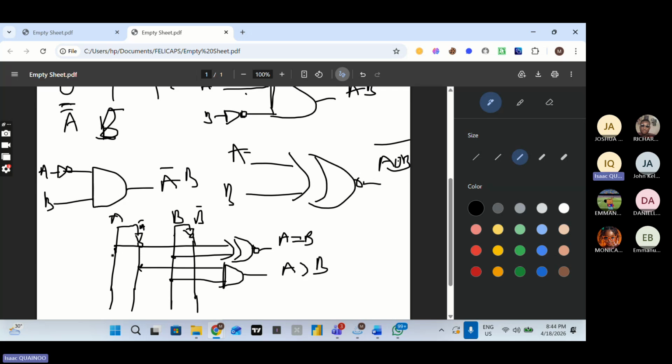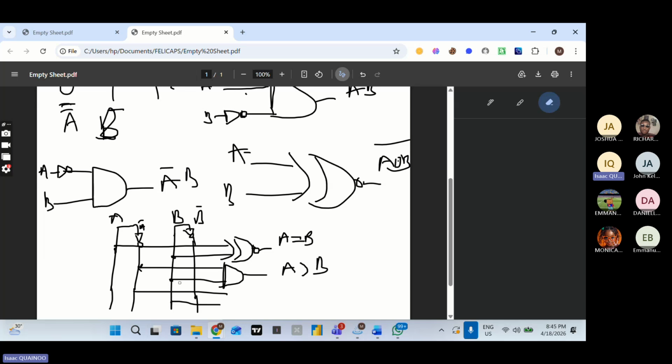So we have A naught, which is from this point. And then we have B coming from this point. I think there's a slight mistake with this.